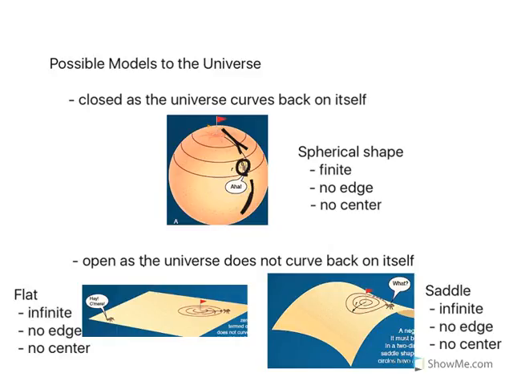The universe is the surface of the round object here, the spherical object. So you can't say that the center of the round object is the center of the universe for this particular spherical shape.